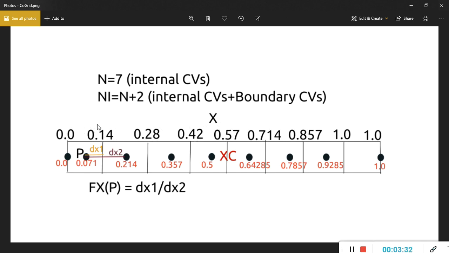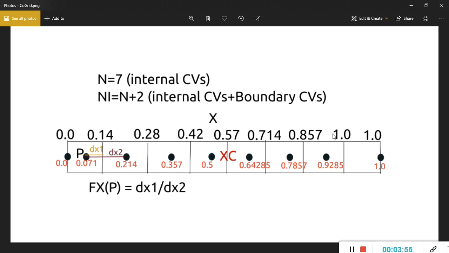I have actually removed some decimal places to make some space, and so on until 1.0. And for this co-located approach, we use the last X similar to the node before it. So the last X is a copy of this particular one, 1.0.